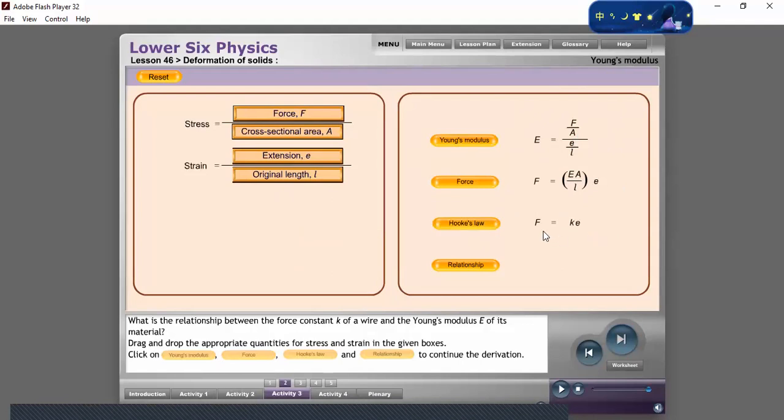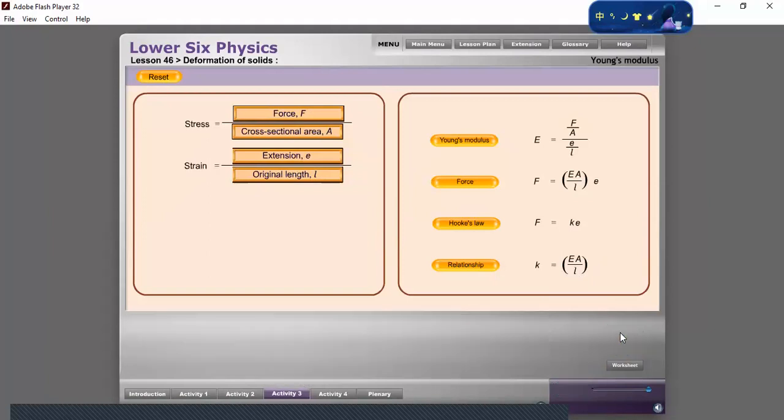According to Hooke's law, F is equal to Kx, right? So substitute Kx into the formula for F. At the end, we notice that K is equal to EA over L. That means it is the Young's modulus times the cross-sectional area over the original length of the material.